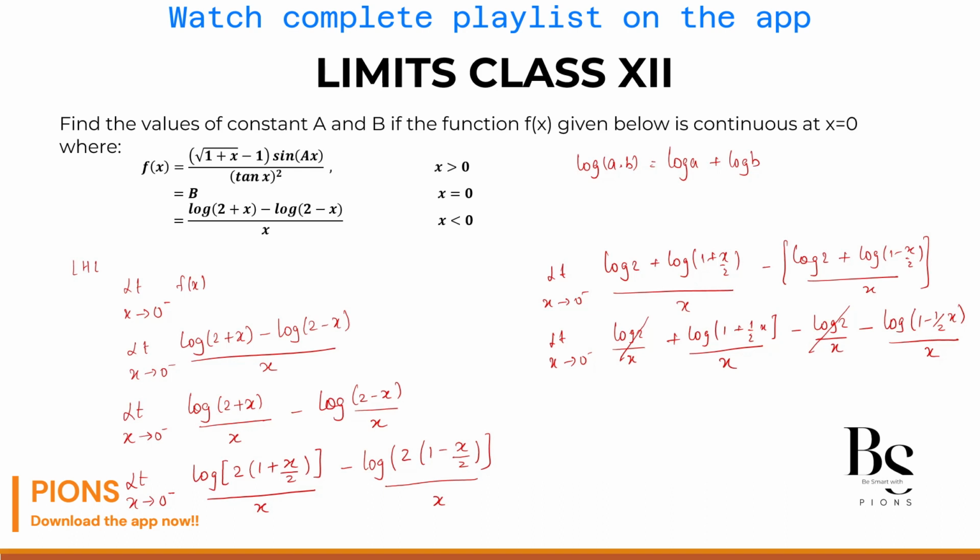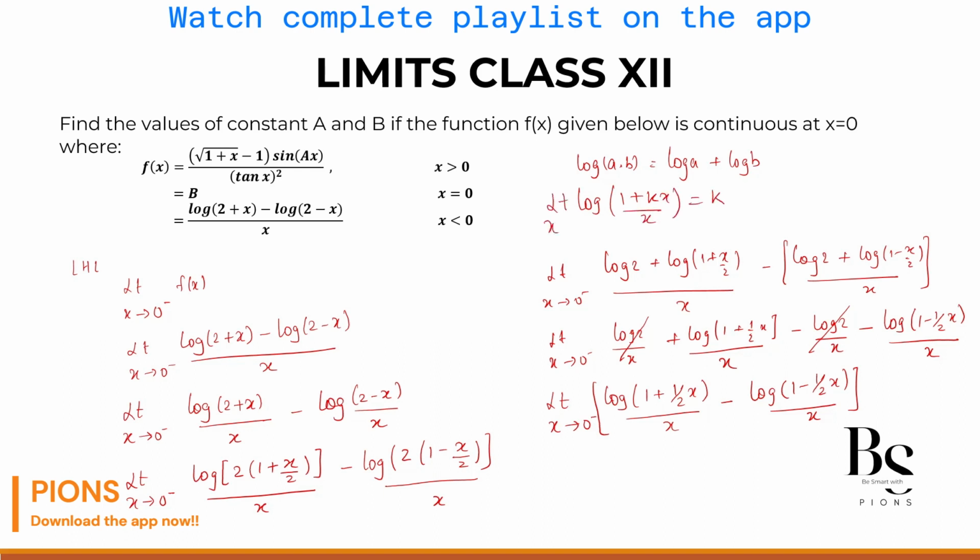And what you are left with, let's see. Limit x tending to 0 negative, log of 1 plus half x upon x minus, let's keep a huge bracket, log of 1 minus half x upon x. In case you are not familiar with this identity, I am writing here that limit of log of 1 plus kx upon x will give you straight away k, provided x must be tending to 0.